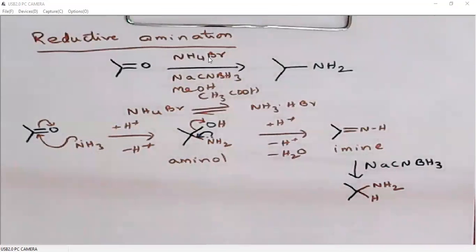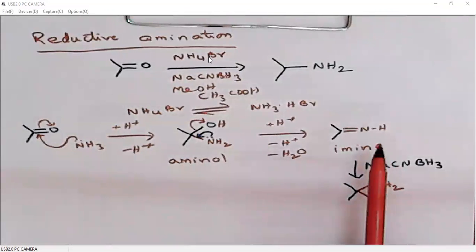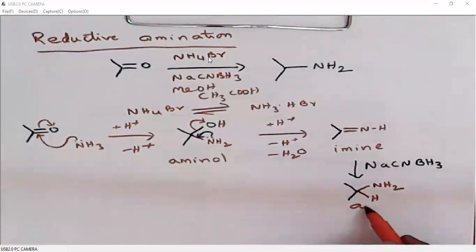So finally it becomes amine. This is how we do reductive amination. The carbonyl and amine undergo condensation to lose a water molecule and generate imine, and this imine can be reduced to amine by using sodium cyanoborohydride.